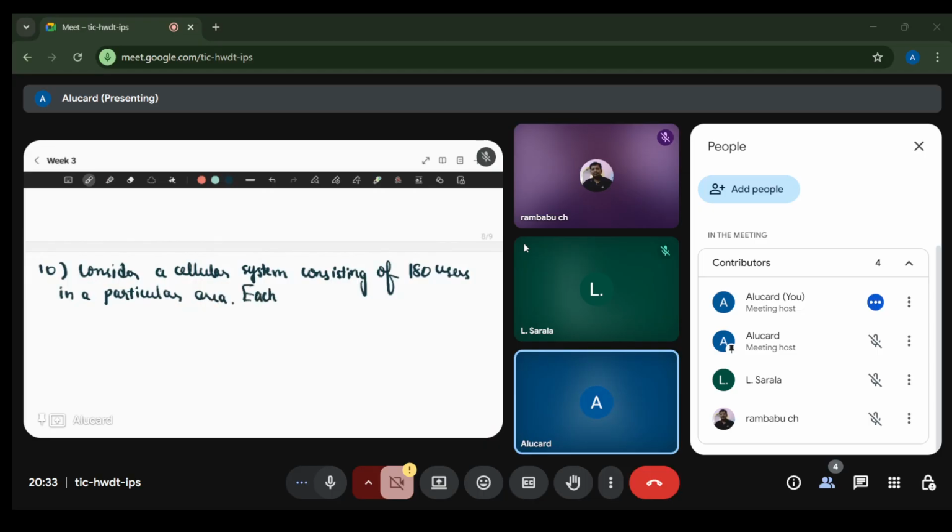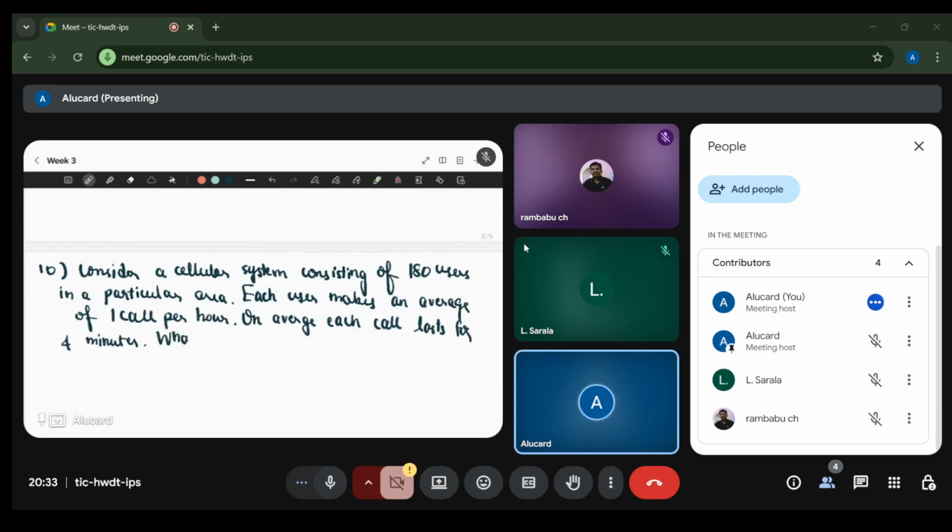Each user makes an average of one call per hour. On average, each call lasts for 4 minutes. What is the total offered traffic?